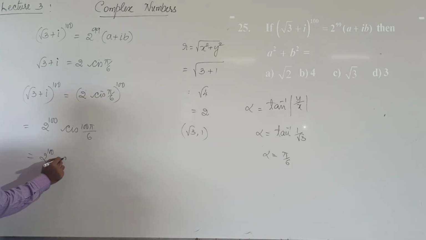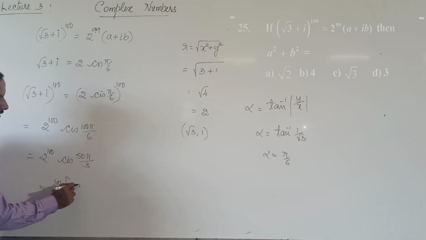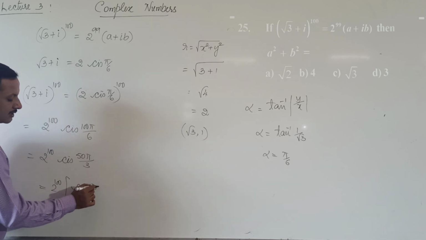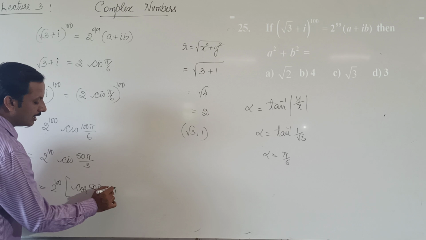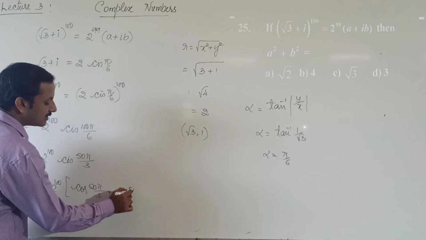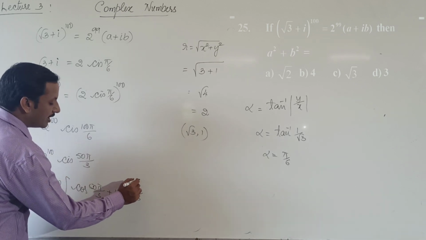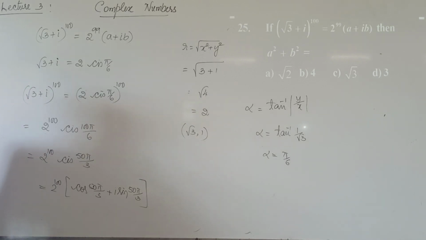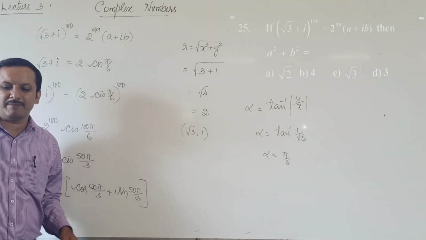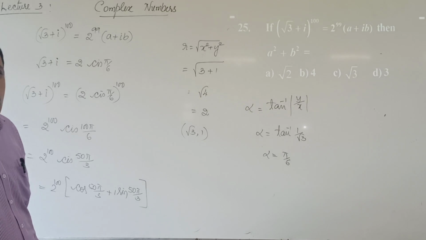100 pi by 6 can be written as 50 pi by 3. Right? Now expand it. 2 power 100 into cis 50 pi by 3 is cos 50 pi by 3 plus i sin 50 pi by 3. Okay. As we know, cos theta and sin theta, they are periodic functions with period 2 pi.